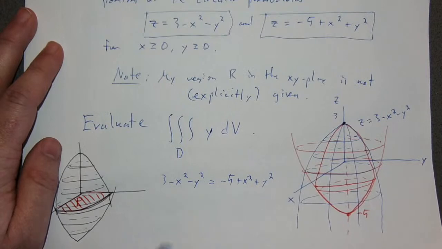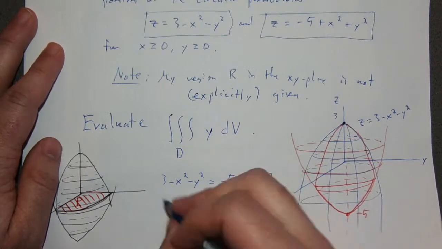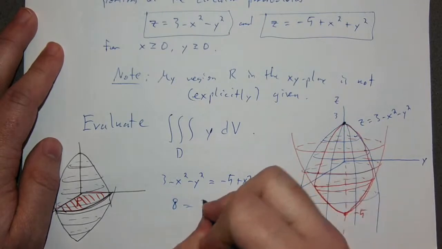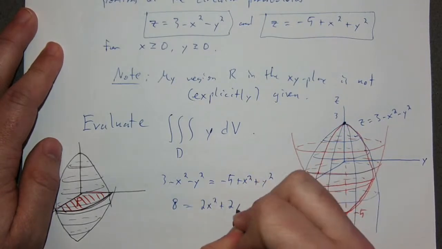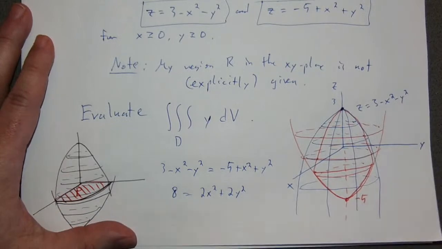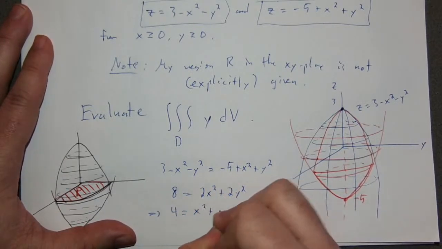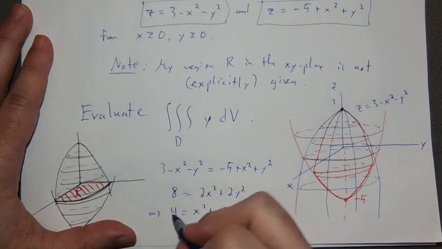Let's do a little algebraic manipulation. Add 5 to both sides, so that's 8, and adding x squared and y squared to both sides, I get 2x squared plus 2y squared. I can divide both sides by 2, and what I get is 4 is equal to x squared plus y squared.